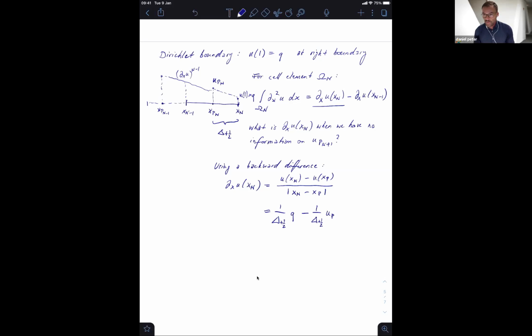So if you remember, what's the order of that finite difference scheme, the backward difference scheme? Is it first or second order accurate? First. Only first order accurate, yes. Which is not ideal.